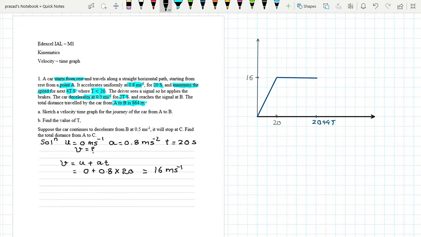So for that, we'll take the initial velocity as 16. The deceleration of the car is 0.5, that means A is negative 0.5. Deceleration is negative acceleration. And it is decelerating for the next 2t seconds. So again use V is equal to U plus AT.